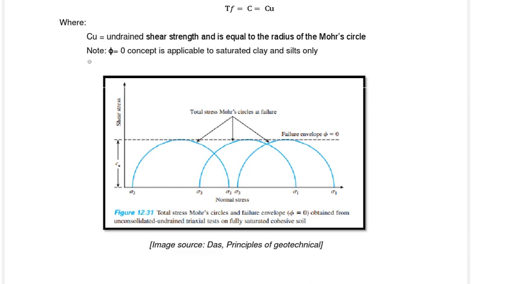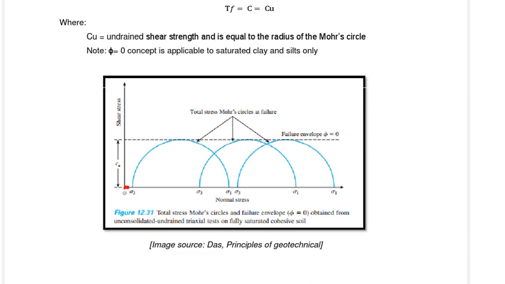So, we have here a diagram showing our Mohr circle in the UU test. So, initially, there is no stress on the specimen. And our Mohr circle appears as a point here, at our origin of our Mohr diagram.